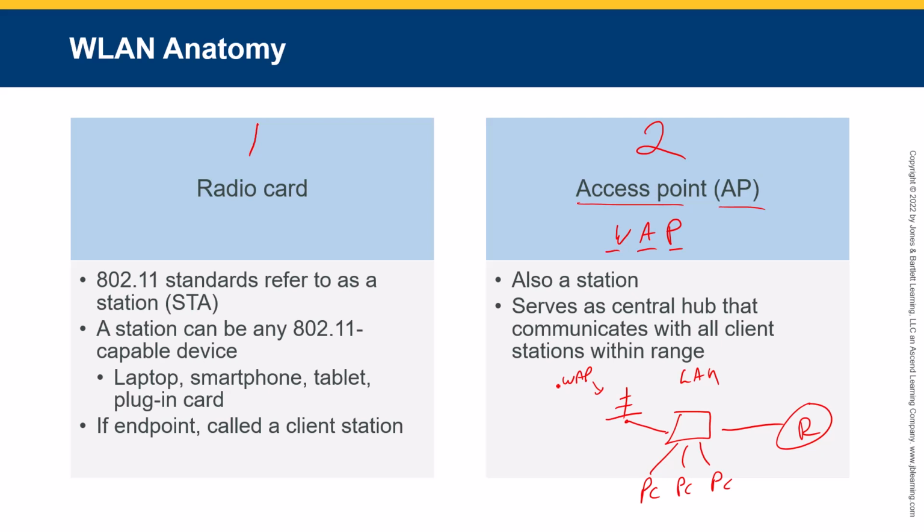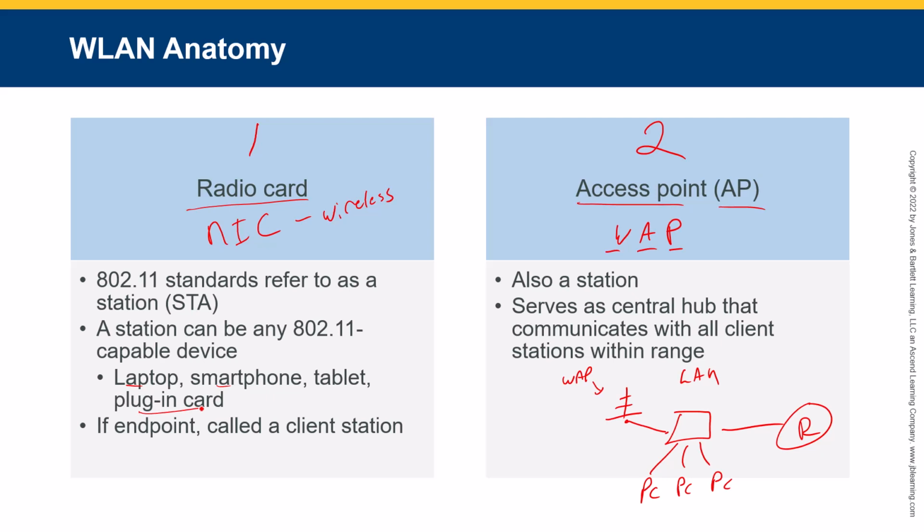Another thing you need is some type of interface card, network interface card. In this case, we're talking about a wireless version, sometimes called a radio card or wireless card or several other variations. Most tablets, smartphones, laptops all have them. You can also do an add-on card.